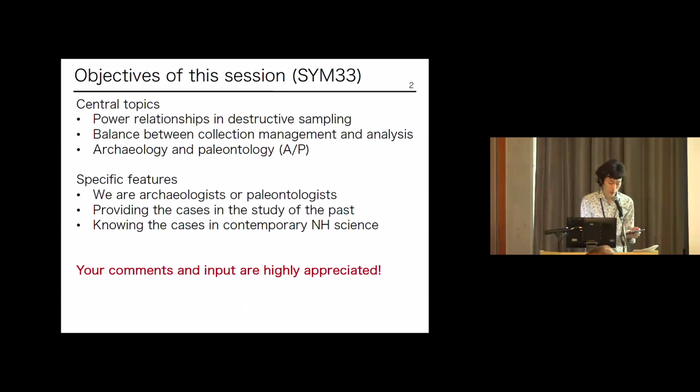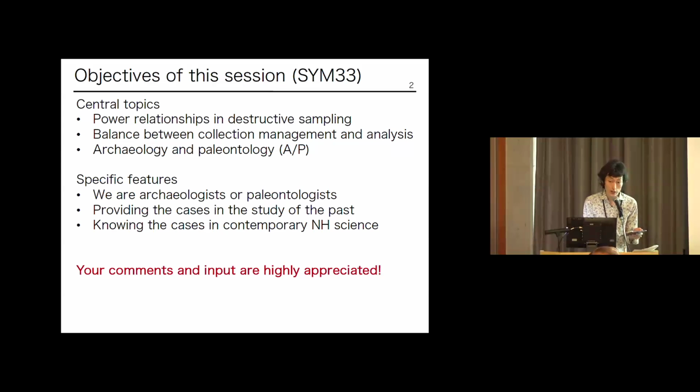The objective is not to solve a specific problem, but rather to allow researchers involved in specimen management and analysis to share their cases and thoughts, fostering a brainstorming-like atmosphere to deepen our understanding of this topic.